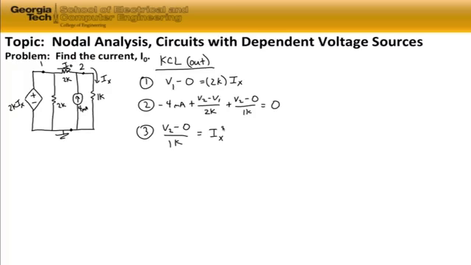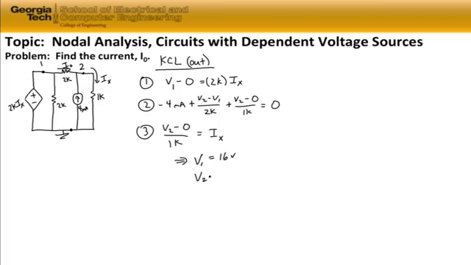So now we have three equations and we have three unknowns. And since we have those, we can then solve for our unknown I sub 0. I sub 0, as we see, flows between node 1 and node 2, so we need to be able to find V1 and V2 for the nodal voltages to find I0 using Ohm's law. So if we solve these set of equations for V1 and V2, we have a V1 which is equal to 16 volts.